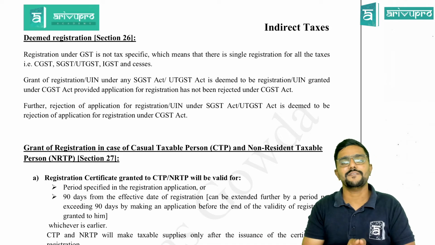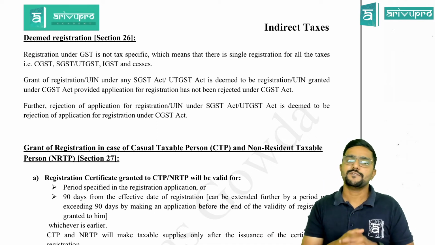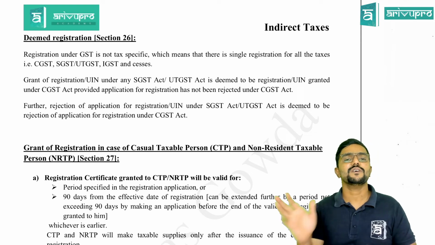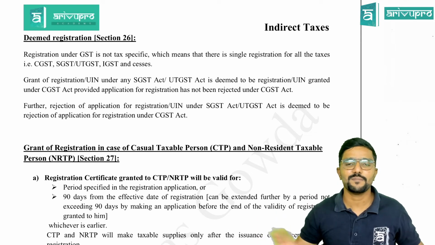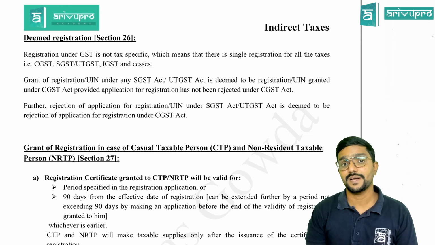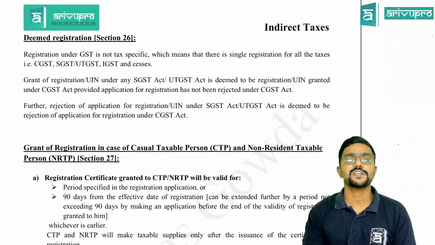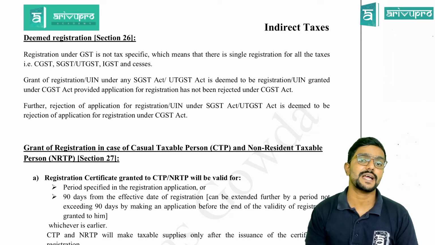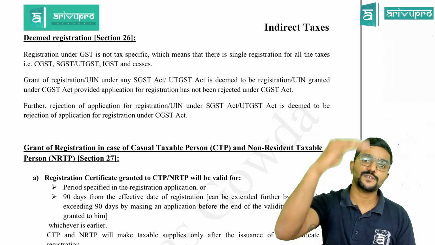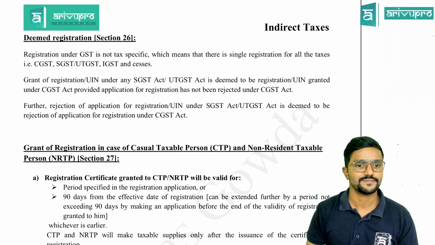So wherever you are having business, you apply for the registration in that respective state, and if you are registered there, it is understood that you are also registered under CGST. You need not apply separately. But if by chance you applied for registration and it is rejected under CGST Act, it is deemed that it is also rejected under SGST Act.